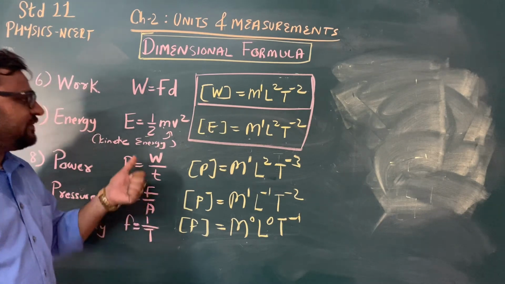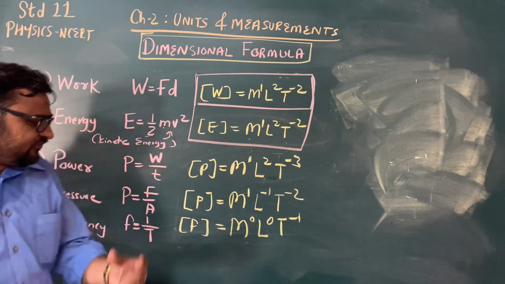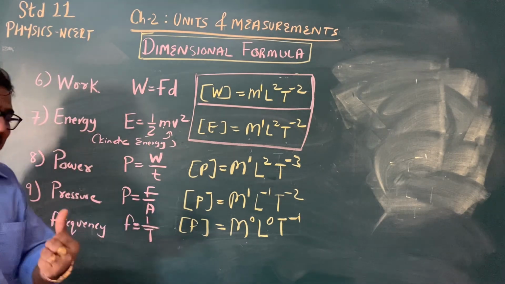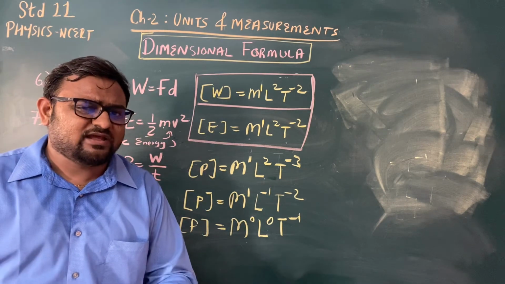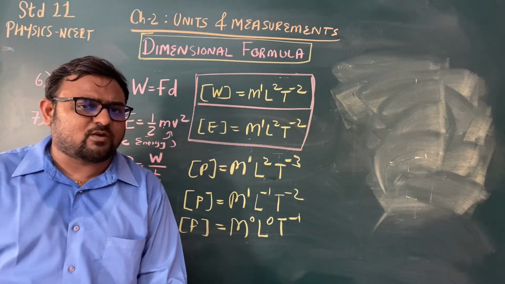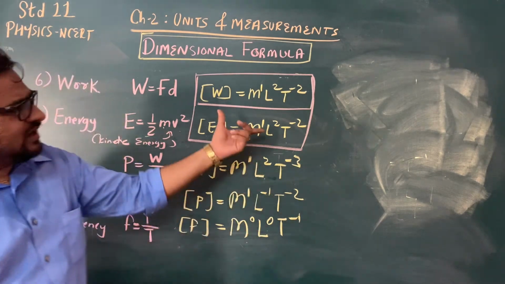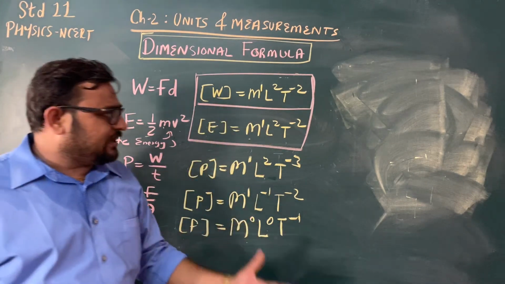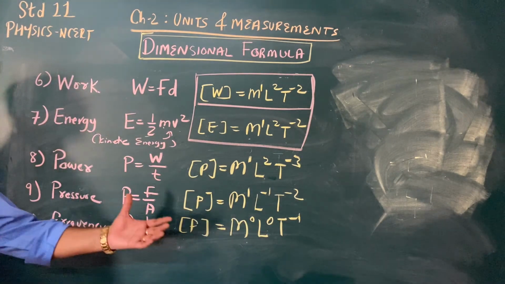This you have to remember because this will be useful even in the later chapters. So if you remember this, you can easily derive the dimension formula. And there are some important dimension formulas, like for force, work, energy. You have to learn that. So at present, note down these five quantities' dimensional formulas.